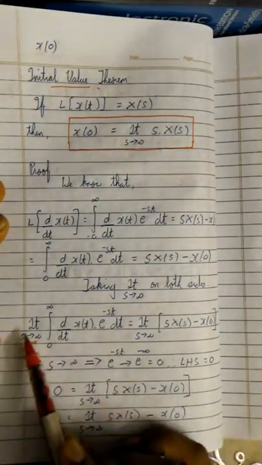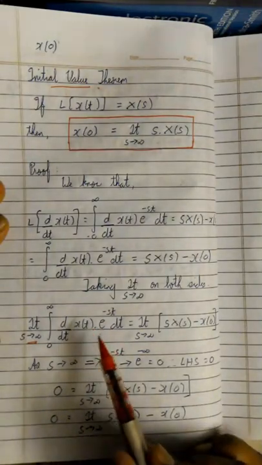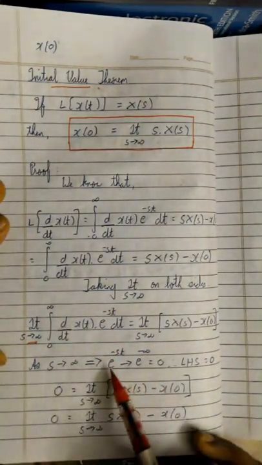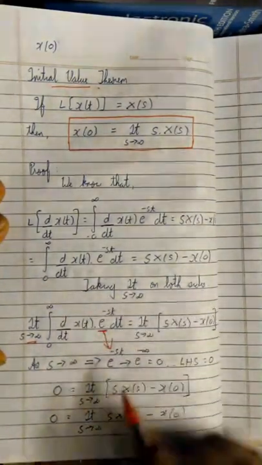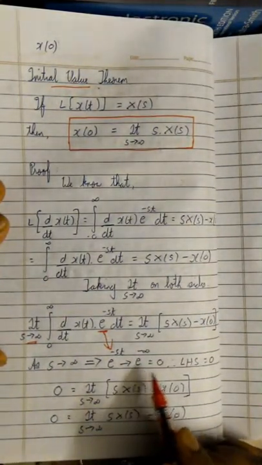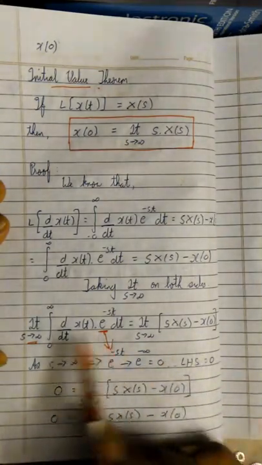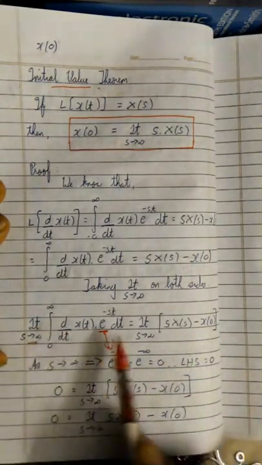So 0 into the entire thing is 0 itself. Therefore the left-hand side becomes 0.